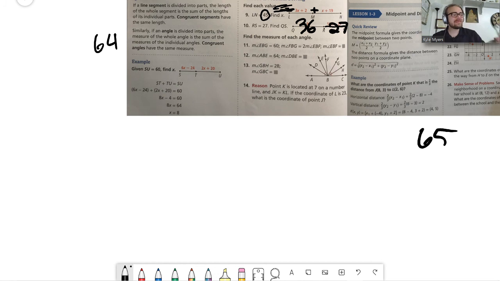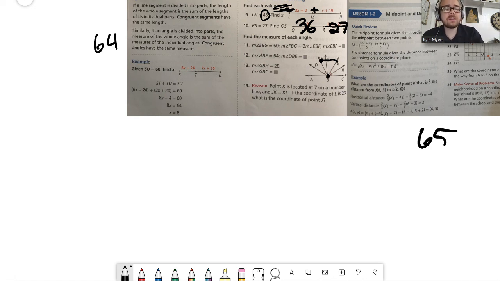All right, so give me a second. So for number 11, you have the measure of EBG, so that goes from E to B to G. So it's actually this whole space right here. There's two angles.